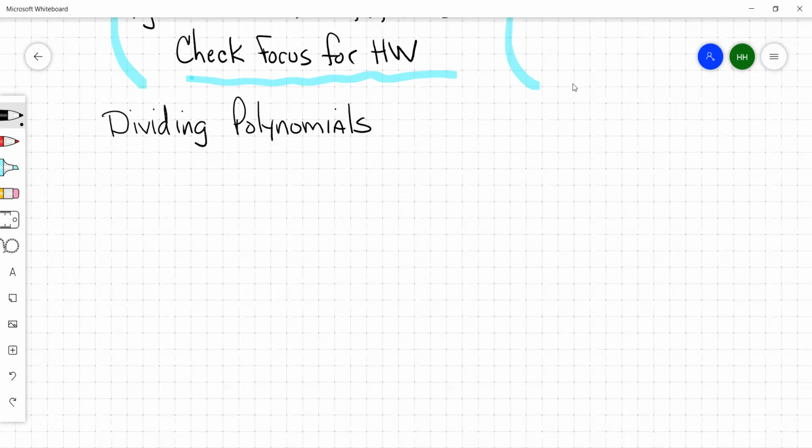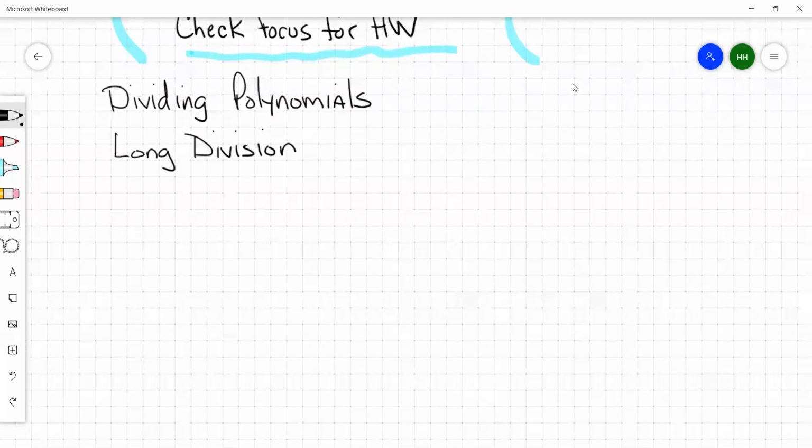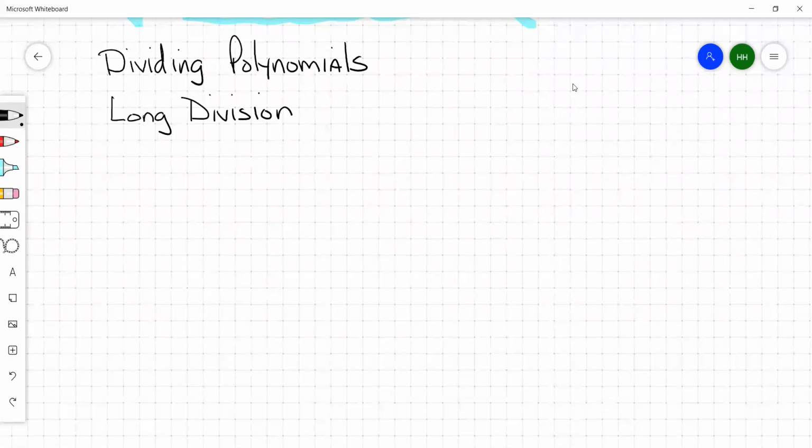So dividing polynomials, and this is going to be long division today. It's similar to numerical long division. And here's what I mean.